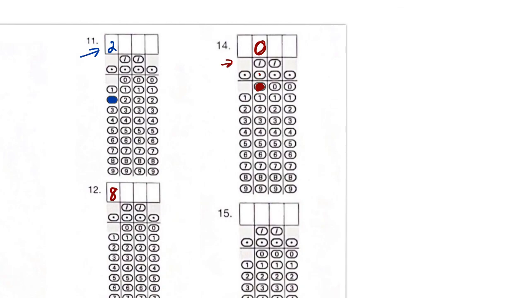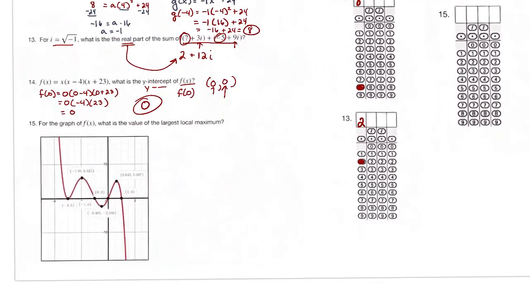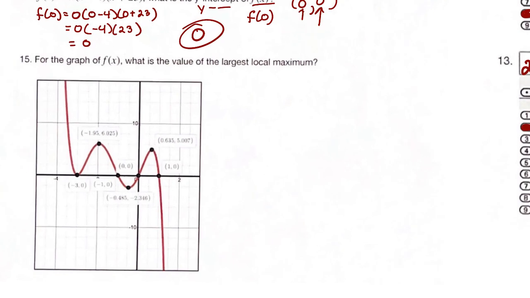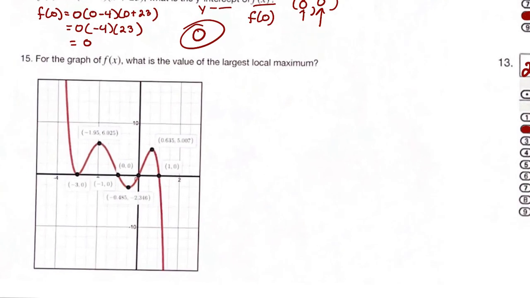Very last one now. Problem number 15, for the graph f of x, what's the value of the largest local maximum? So the maximum of this thing is infinity because that's where it heads to up here. But in this little region, this hump, there is what we call a local maximum.